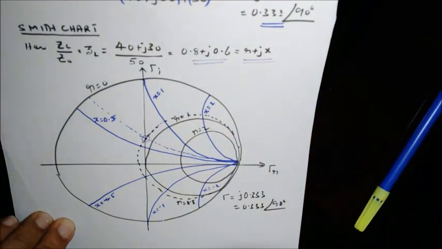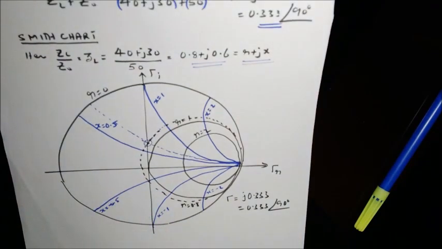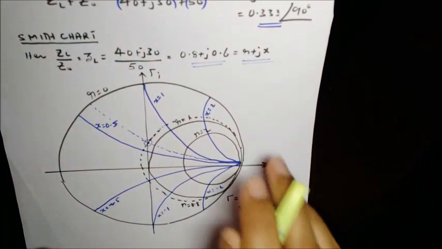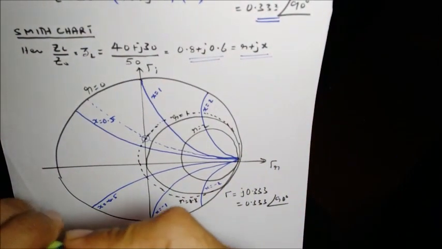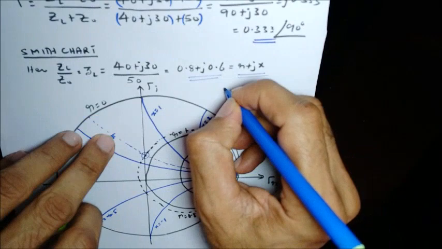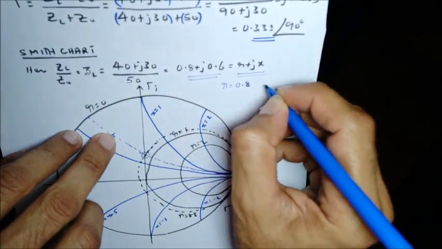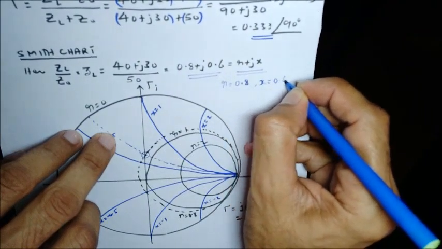Again, I invite your attention to the previous videos wherein we had discussed the derivation of the equations which led us to the Smith chart. So this means that r is 0.8 and x is 0.6.